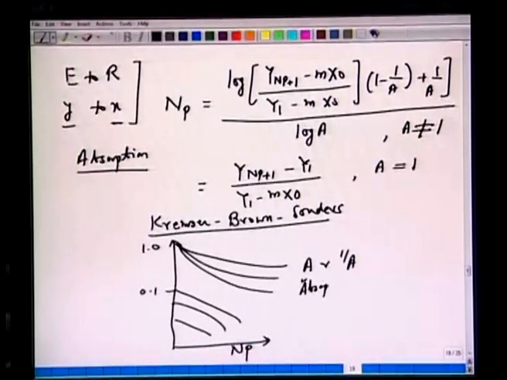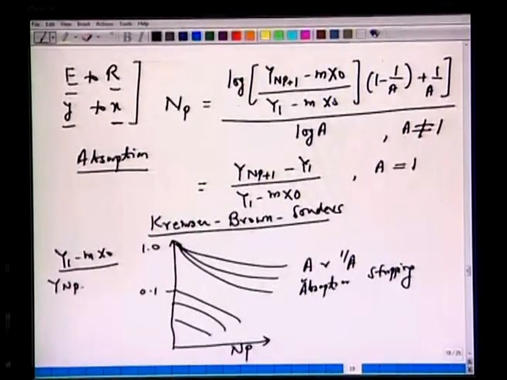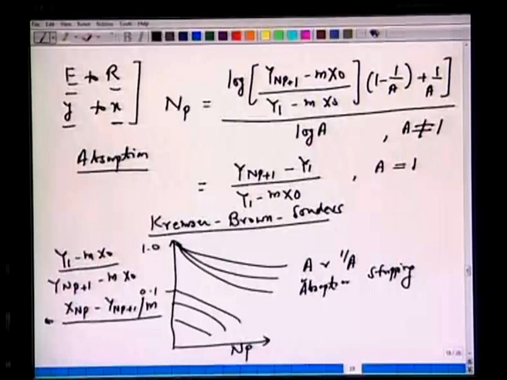In case of absorption or stripping, two different cases when we have mass transfer from E phase to R phase or vice versa, R to E phase, and here we have y1 minus mx0 over y np plus 1 minus m x0, or xnp in the second case when we have this stripping, y np plus 1 over m over x0 minus y np plus 1 over m.